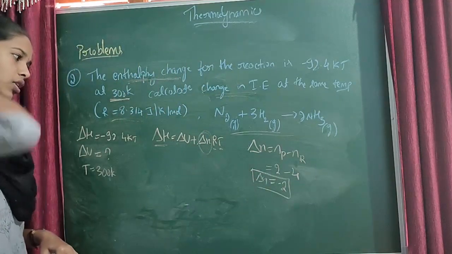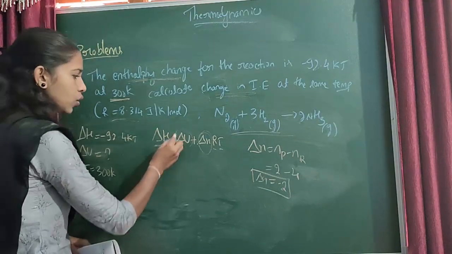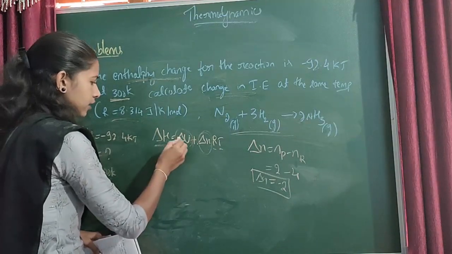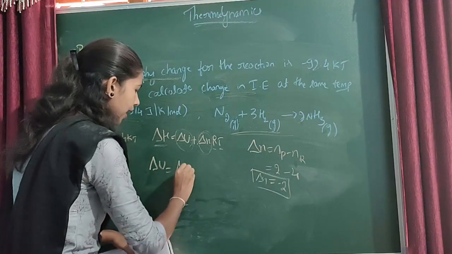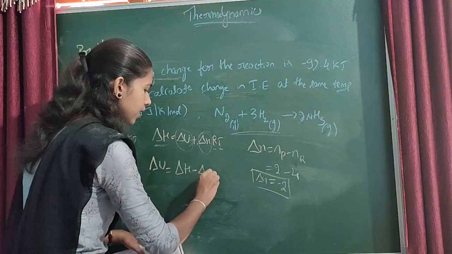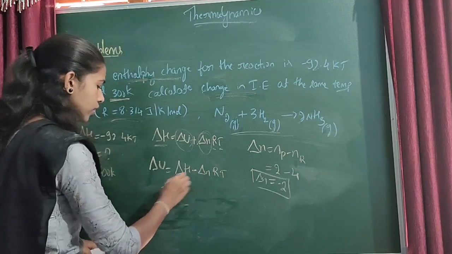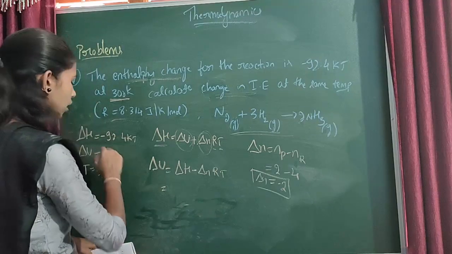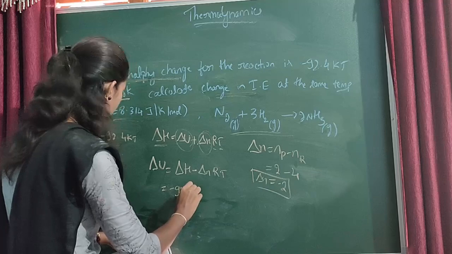Now substitute all the values in this equation. First, what we have to calculate is delta U, right? Take that term to the other side. Delta U is equal to delta H minus delta N RT. Now substitute the values of all these terms. Delta H value is minus 92.4 kilojoule.